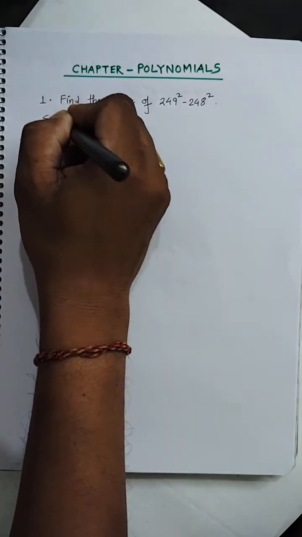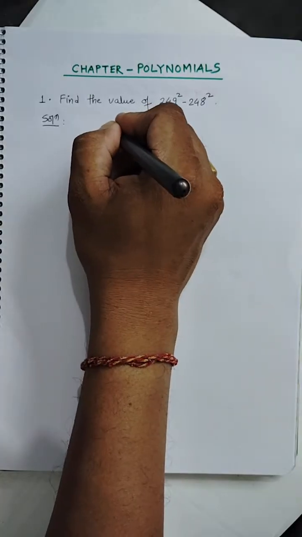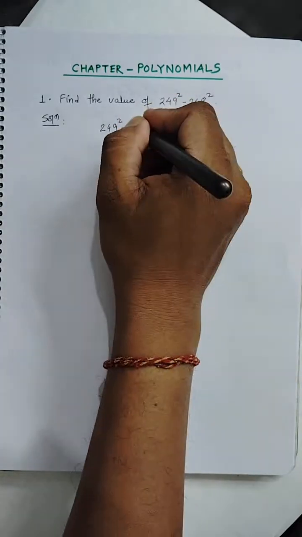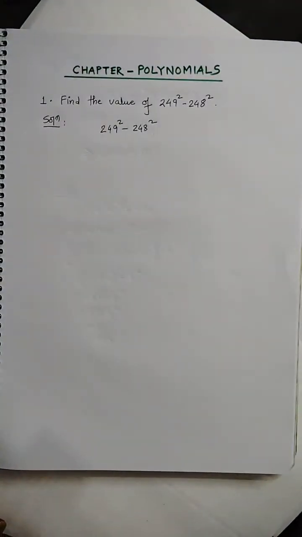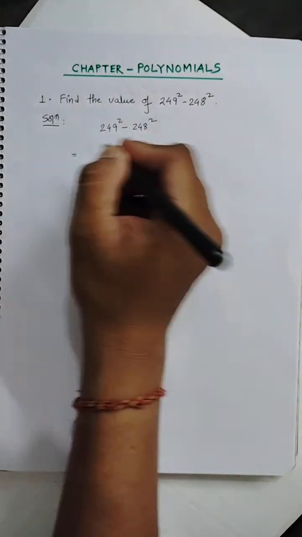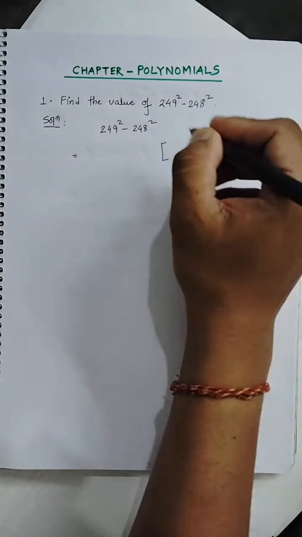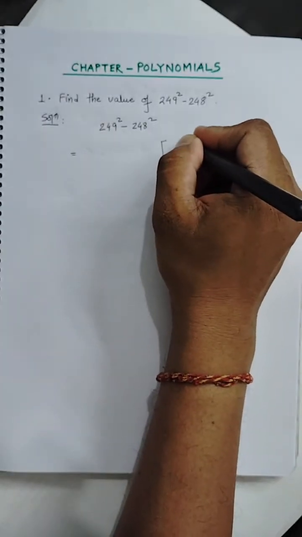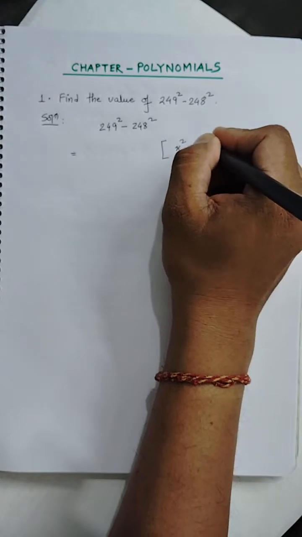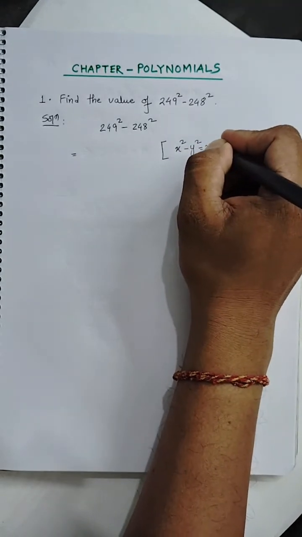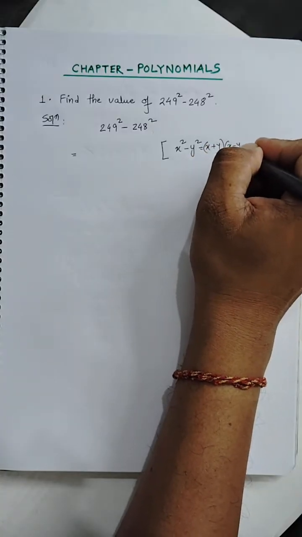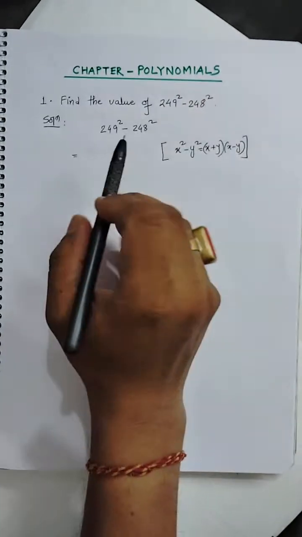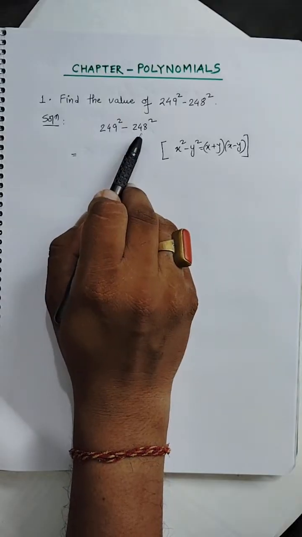Okay. So we have 249 square minus 248 square. The identity which we are going to use is x square minus y square is equal to x plus y into x minus y.